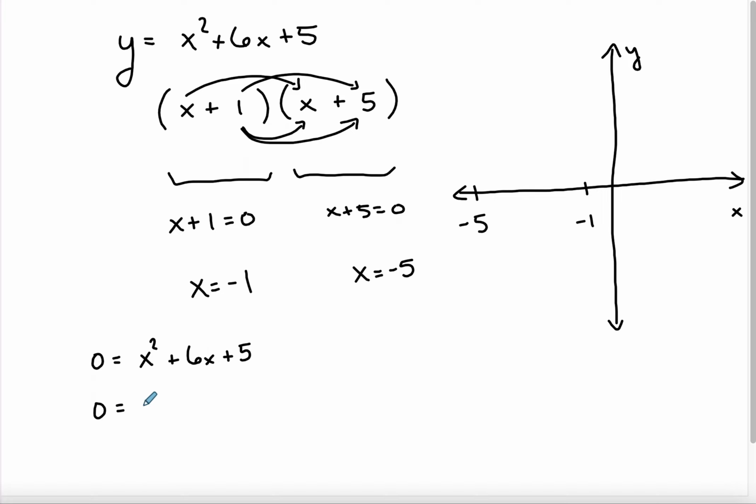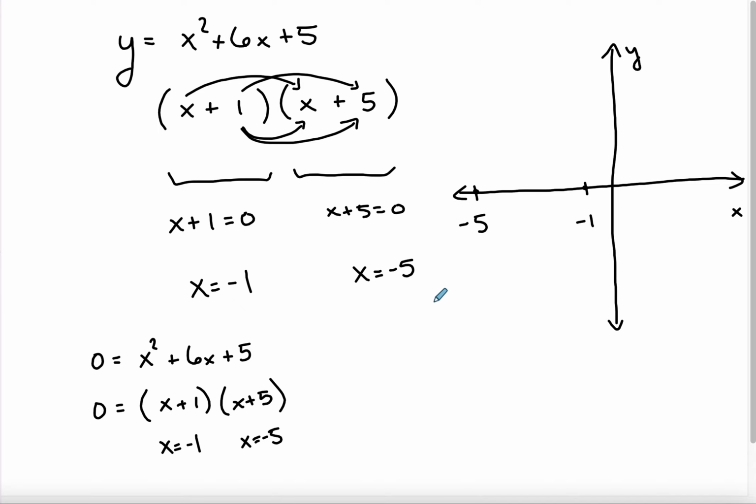It's especially easy to find where that occurs if I have this quadratic in factored form. And we can see that the y value will equal 0 if x equals -1 and if x equals -5. So y equals 0 at both of those locations.